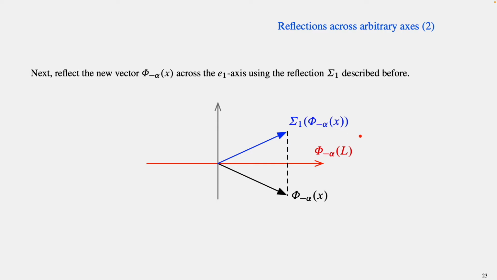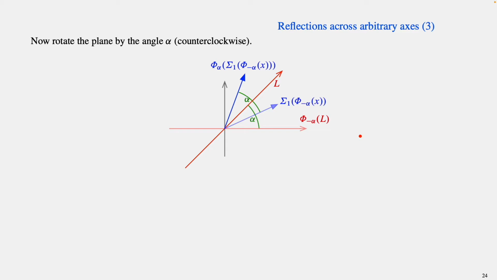And now in the third step, we rotate everything back into its original position. So we apply the rotation phi alpha to everything. So previously we had rotated L onto the first coordinate axis, phi minus alpha applied to L, and now we rotate it back counterclockwise by alpha.